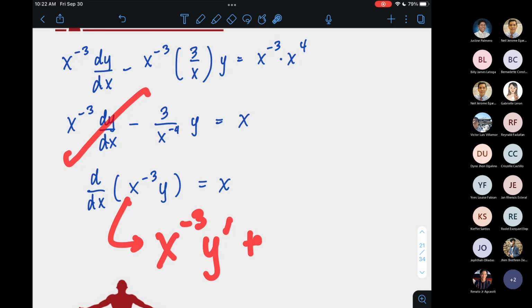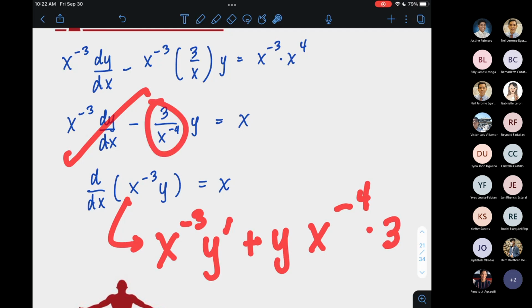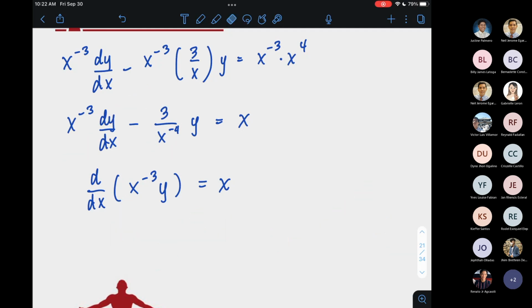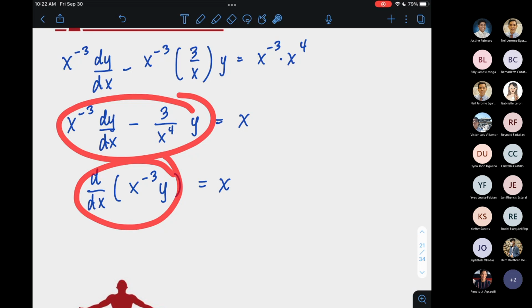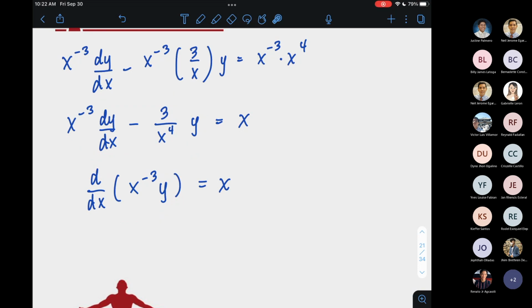Thank you, Rensis. Plus, this would be y times x to the negative 4 times 3, which is 3 over x to the 4th, which is this guy, after I corrected it. So it should be over 4. Okay? So again, I double checked that this derivative is equal to this. And that is expected because that's how we chose the integrating factor.